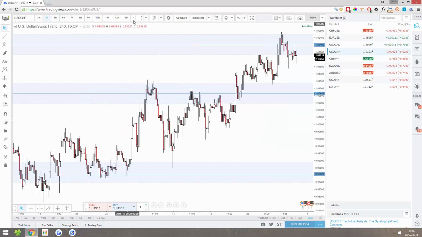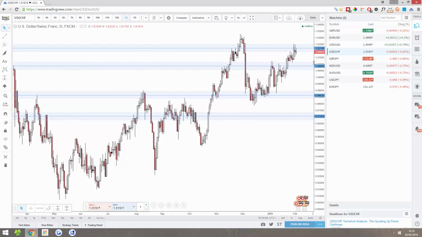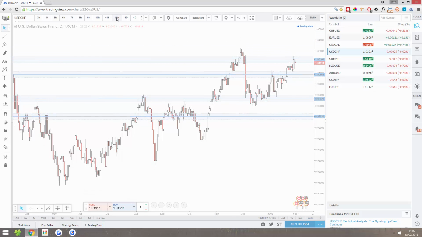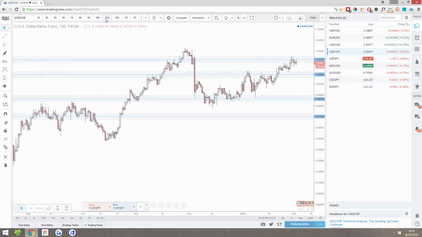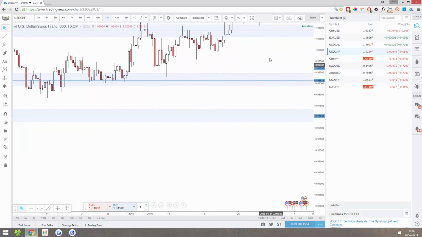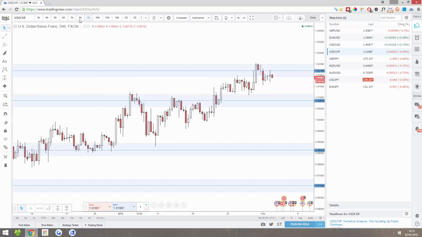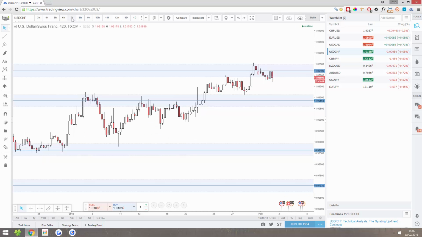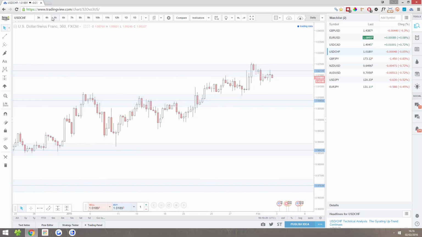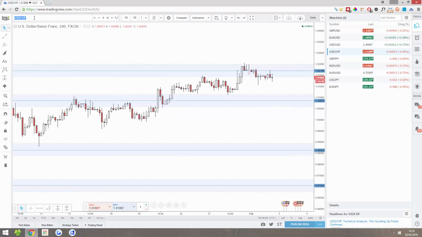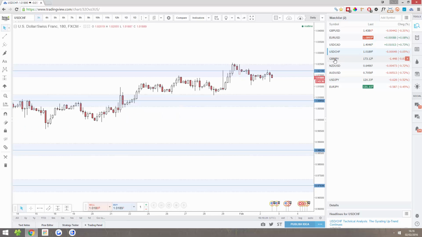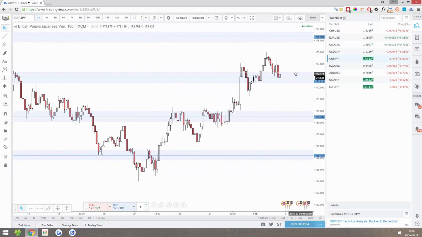USD CHF, let's look at what's happening here. Let's zoom in a bit. It looks like it's getting stuck on that resistance area and bouncing away. Nothing tradable here.